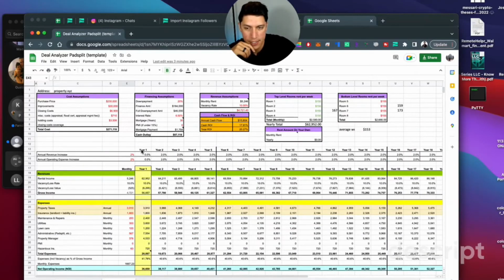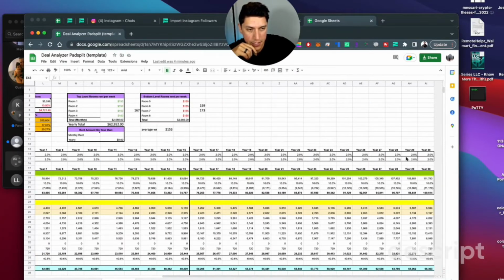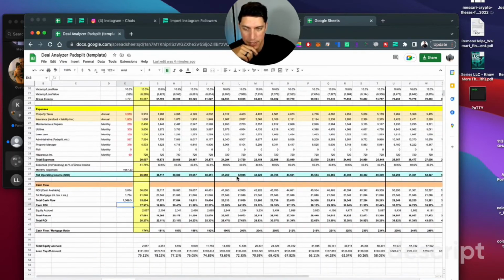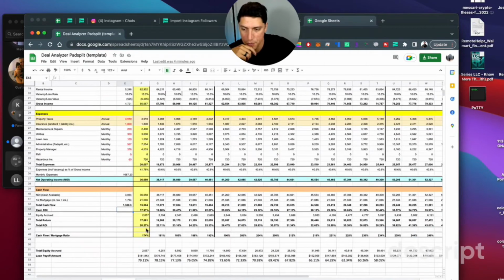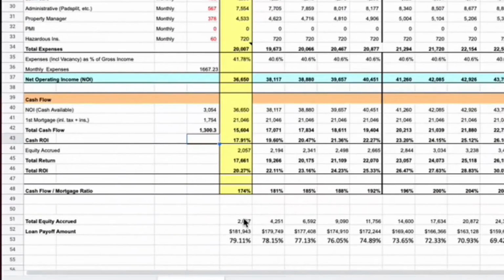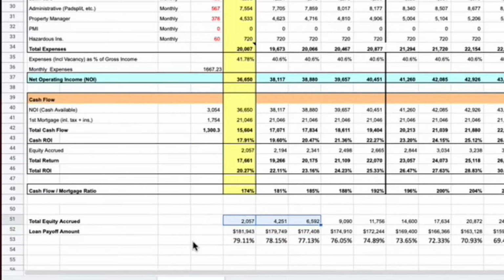The rest of this stuff, year 1 to year 30, this is all if you wanted to see how things would progress over the years. If you wanted to see what your total equity paydown was, or total equity accrued, then you get to see this is your loan amount percentage, right?